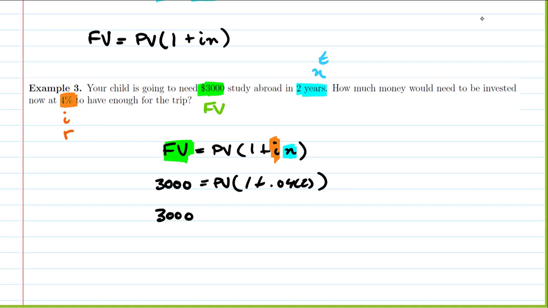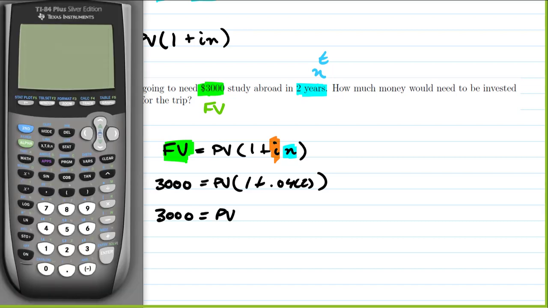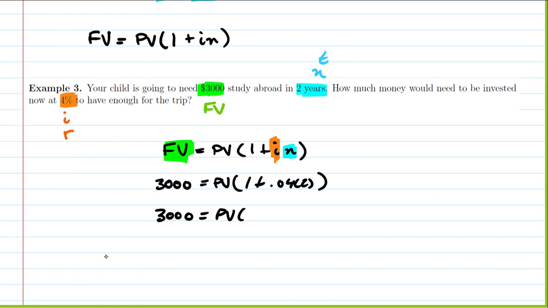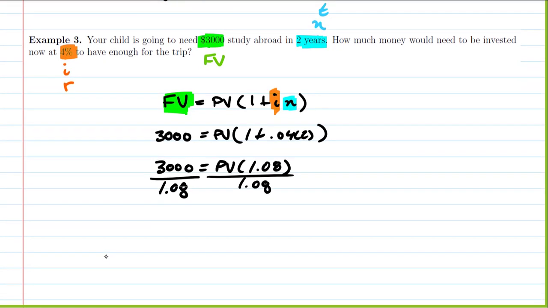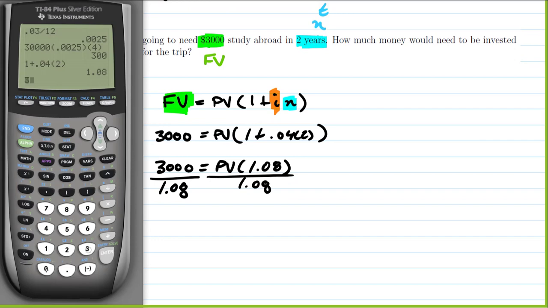So we get 3,000 is equal to our present value, and we have 1 plus 0.04 times 2 gives us 1.08. So to solve for our present value, we divide by 1.08 and we divide by 1.08, giving us 3,000 over 1.08.